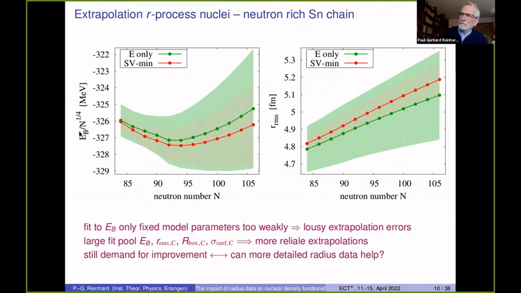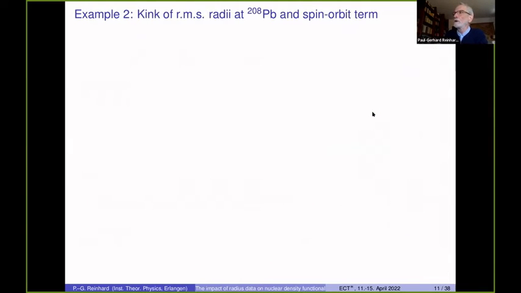And mind, this is not binding energies as such, it's binding energies scaled by a very curious size, power one quarter, because I wanted to fit everything in one scale. And here are the radii, and obviously we include radii in the fit, and the prediction of radii is much better. Okay, let's go on.